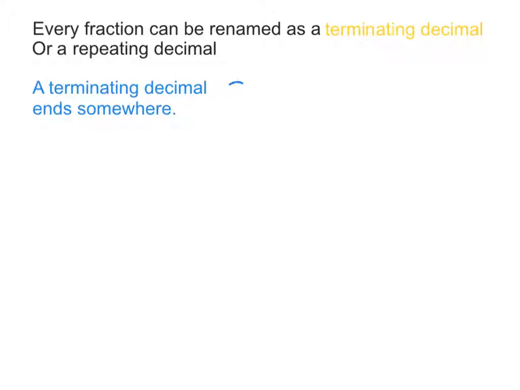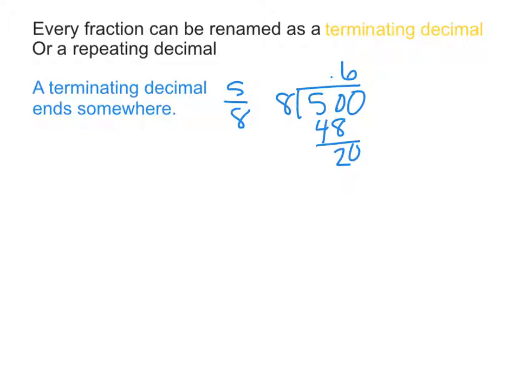So, for example, if we have 5/8 and we want to turn this into a decimal, we do 8 into 5, add a 0, add a decimal. 6 times 8 is 48 with a remainder of 2. We have to bring a 0 down. 8 into 20 goes in 2 times. 16 with a remainder of 4. Bring down the 0 again.